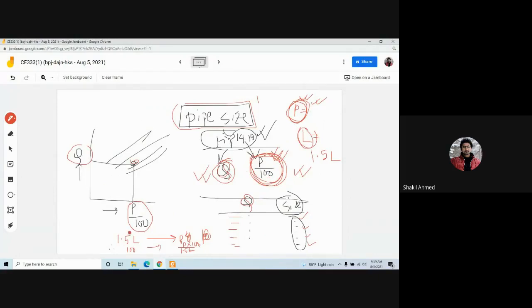First, you increase your available length of the pipe by 50% or 60%, and then from there you calculate the pressure drop per 100 feet length. That's it.